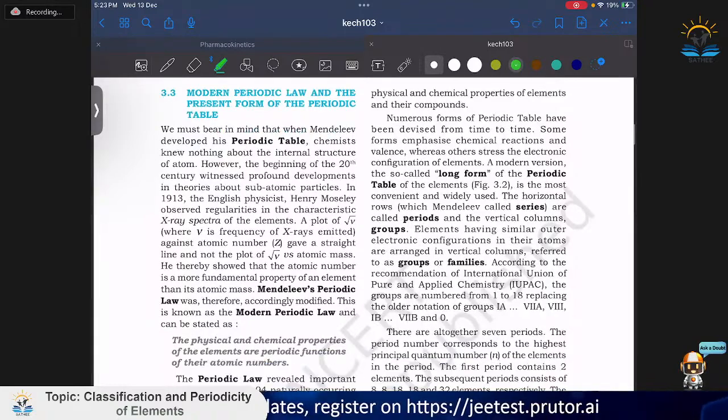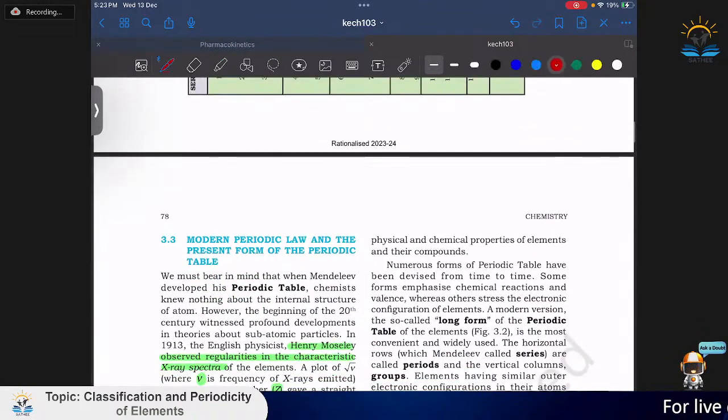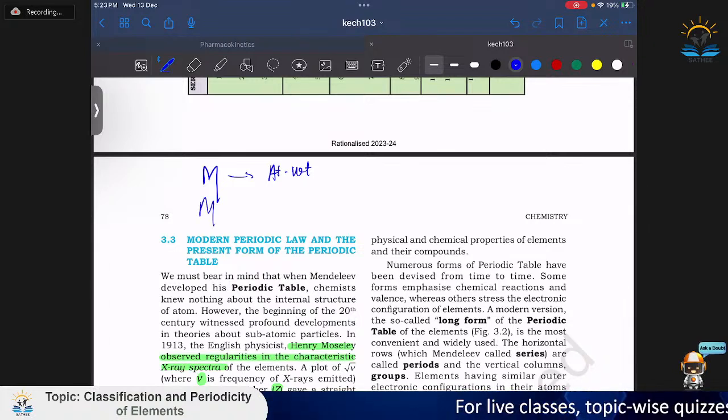Then comes the modern periodic table. It came after Henry Moseley observed regularities in the characteristic X-ray spectrum of elements. He plotted frequency versus atomic number. So what was the difference between these two? Mendeleev's was based on atomic weight, but the modern one is based on atomic number.